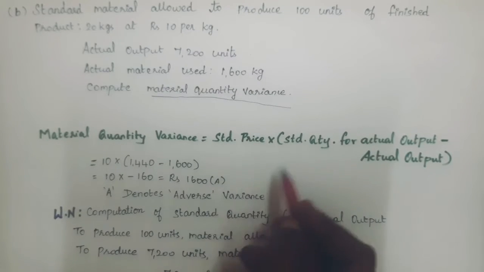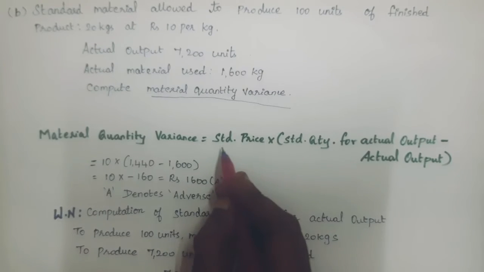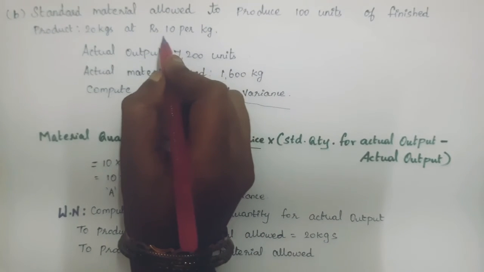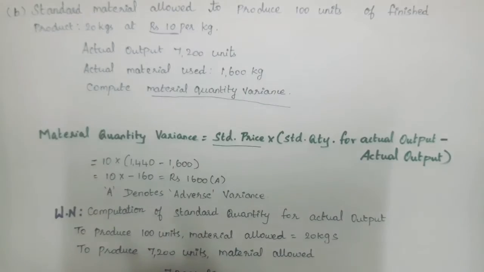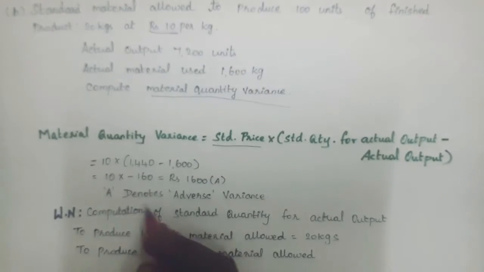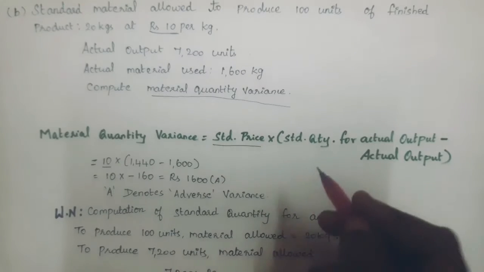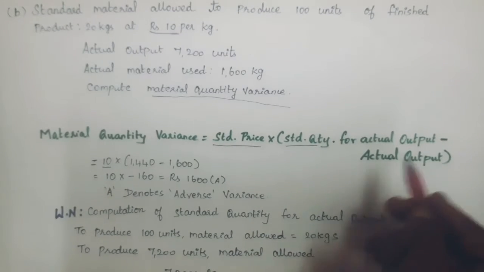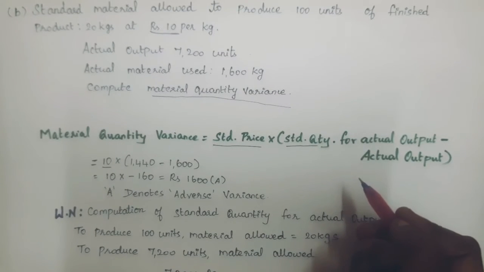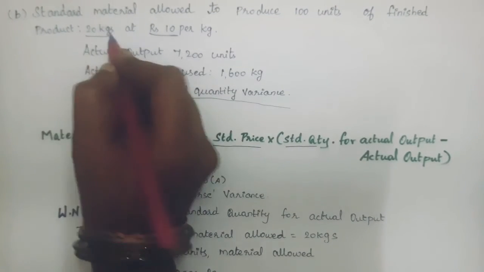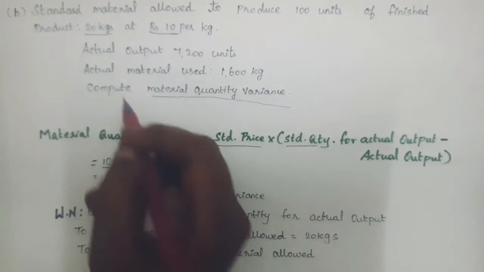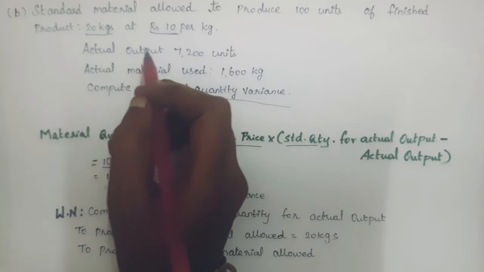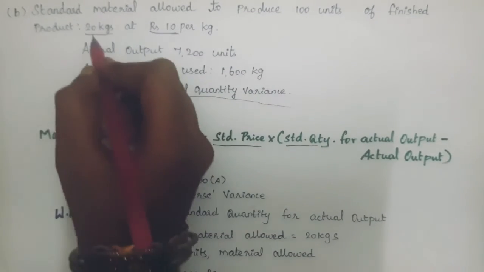Firstly, we'll see standard price. In the question they have given the standard price as rupees 10 per kg. For 1 kg they are charging rupees 10. So I will put 10. And then next we need the standard quantity for actual output. They just give 20 kgs. They are saying for 1 kg it is rupees 10 per kg, and they have given 20 kg.